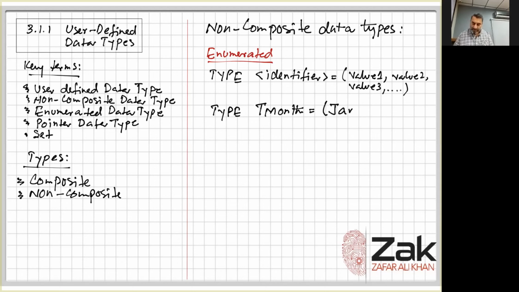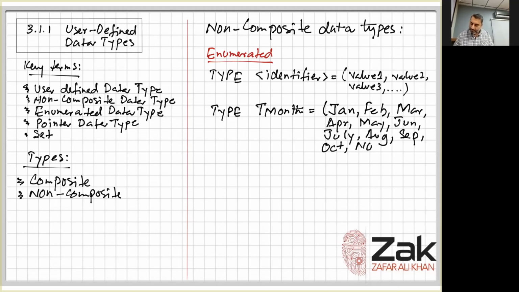So Jan, Feb, March, April, May, June, July, August, September, October, November, and December.